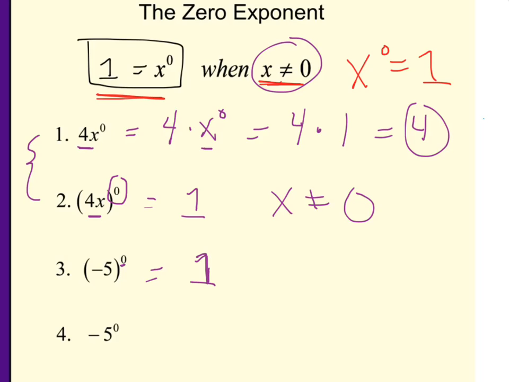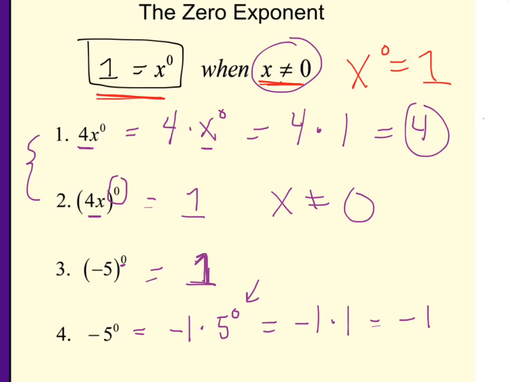But 4 is different than 3 because the base here is not negative 5. The base to the 0 power is 5. So this is equivalent to saying negative 1 times 5 to the 0 power. Well, we're supposed to raise things to the exponent if we can before we multiply. So 5 to the 0 power is 1, so we have negative 1 times 1.